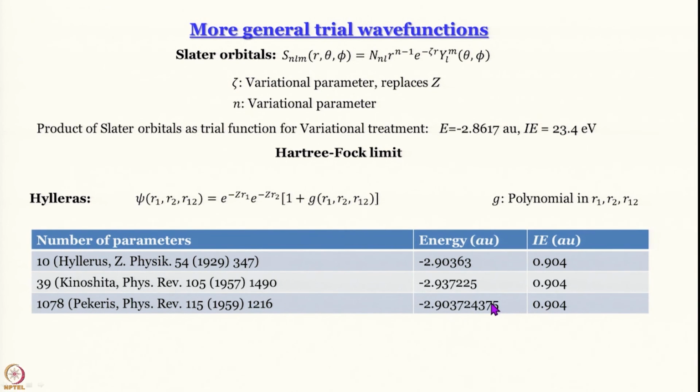So, what we see is that you keep on increasing the number of terms, at one point of time it is going to saturate, it is not going to get any better, it will get as good as it gets, okay. And it makes no sense to increase the number of terms beyond that. I mean, you can, no harm done, because the upper limit theorem tells us that in any case you will stop at the actual value of energy, right, you will stop a little more than that, you will never go beyond.